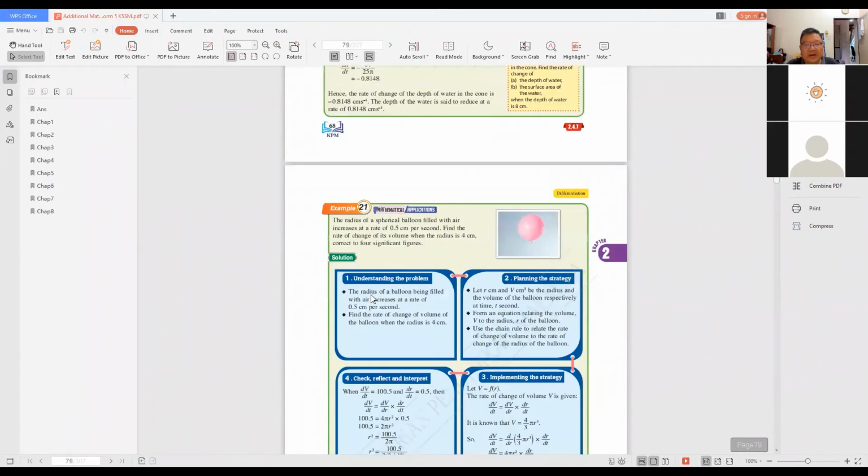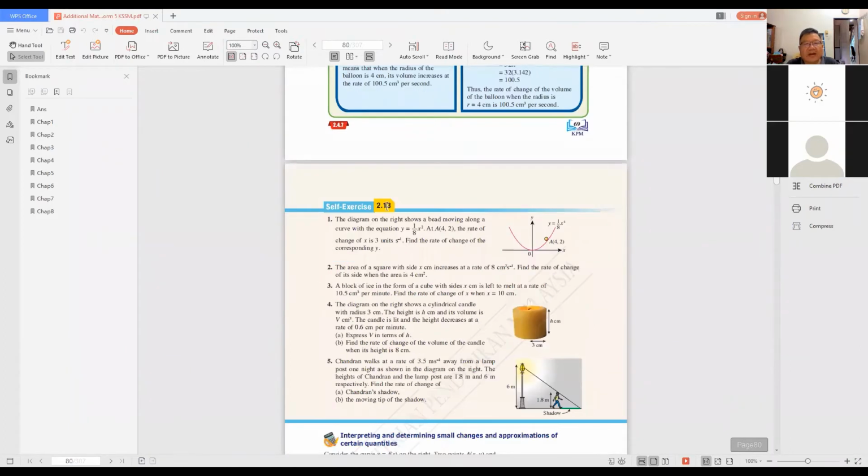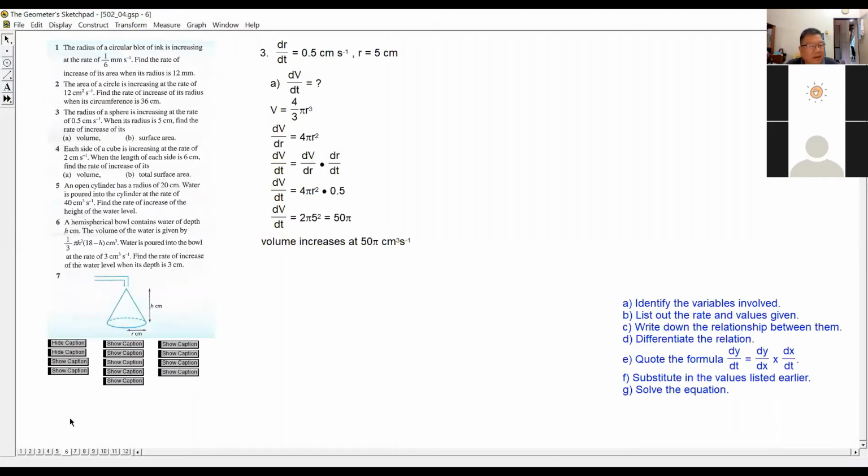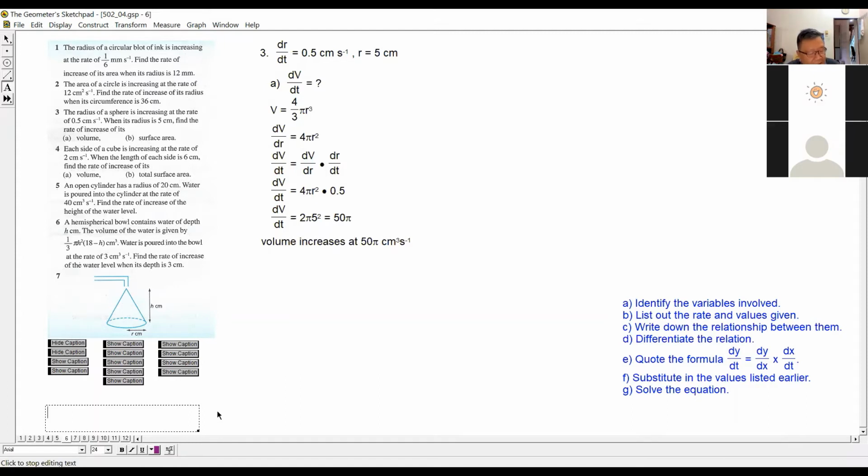Sorry, self-exercise 2.13. So I write down here, you also try this self-exercise 2.13. Self-exercise 2.13 is the homework, right?